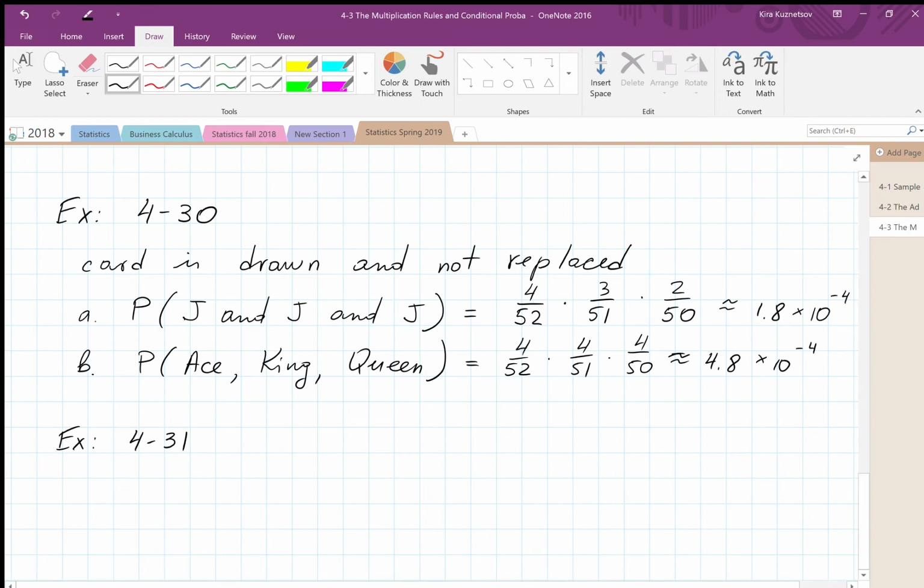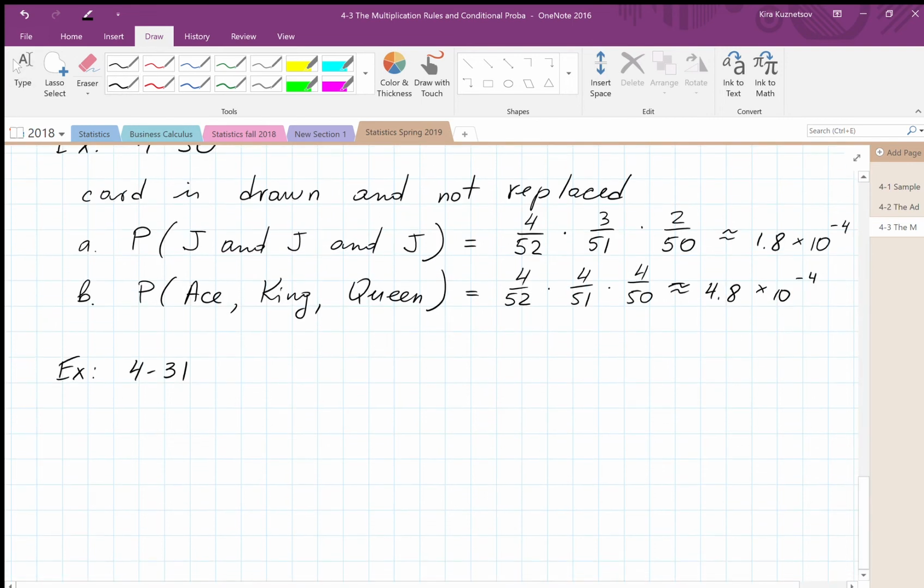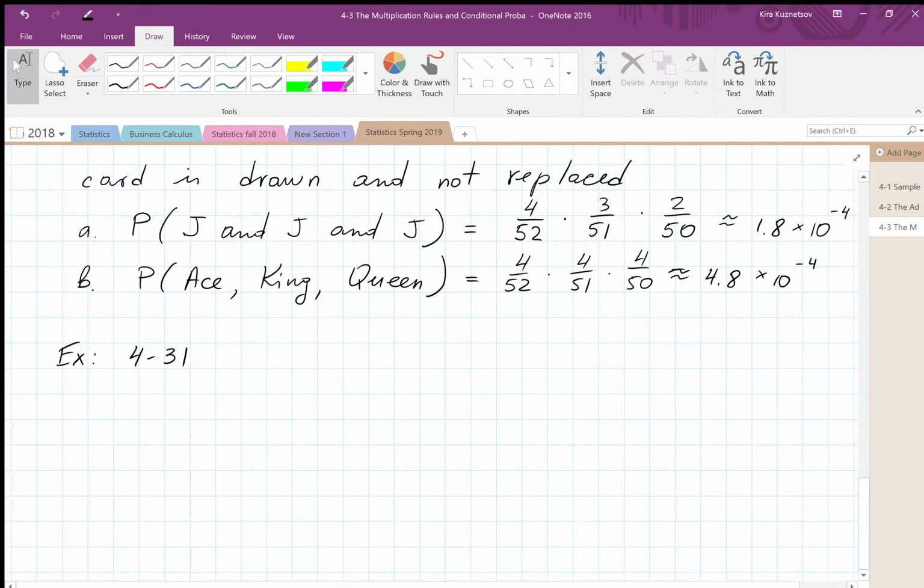Now, if you have a few events that are interconnected like this, one of the tools that you want to use in order to create your sample space is a tree diagram. So your first event is tossing a coin. Tossing a coin has two outcomes, heads or tails. So this is what I have to start with.